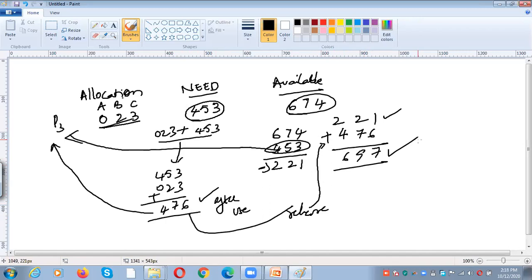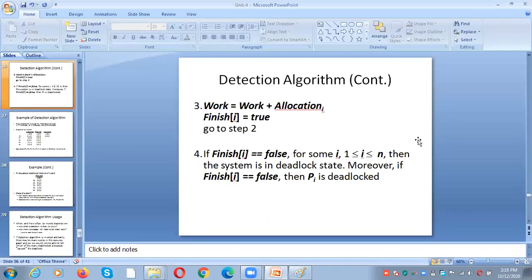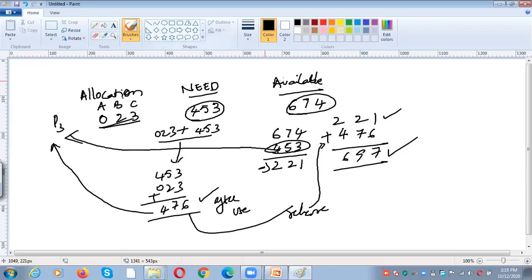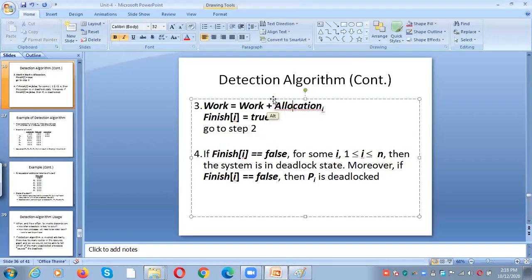So after completing the task, you need to add them to the available. So here work is available. What you are adding? Available plus, sorry, allocation. Work plus allocation.